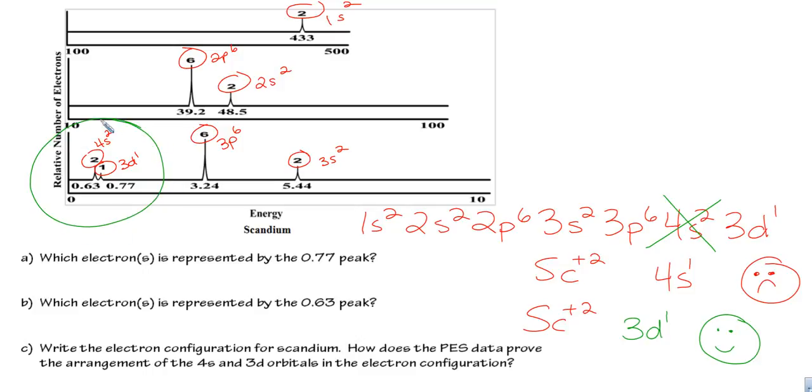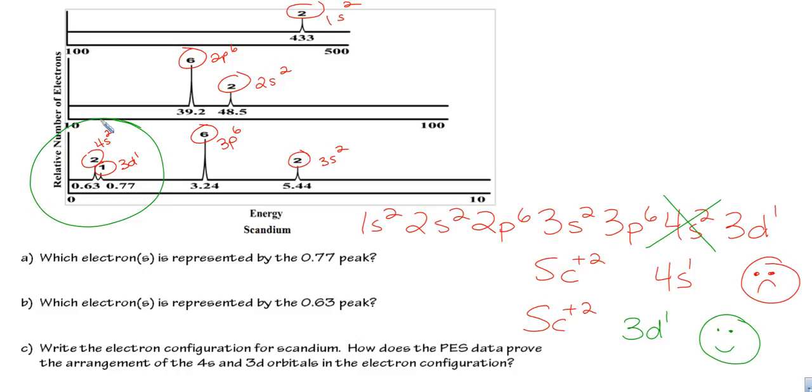And that's confirmed by looking at this PES data. Look at the ionization energies. The ionization energy of the 4s2 electrons is less than the 3d1. Oh, that's kind of why we show this filling order. We fill them in order of low energy to high energy.